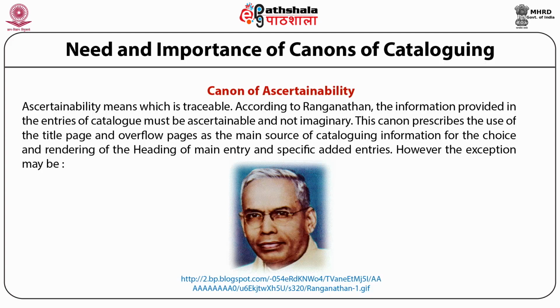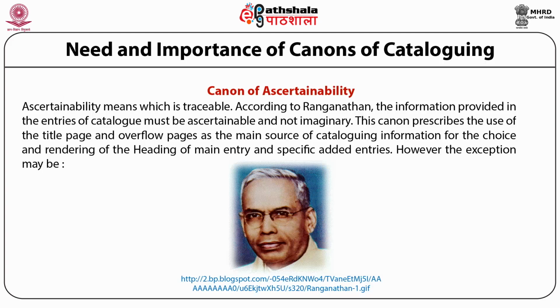This canon prescribes the use of the title page and overflow pages as the main source of cataloging information for the choice and rendering of headings of main and specific added entries.